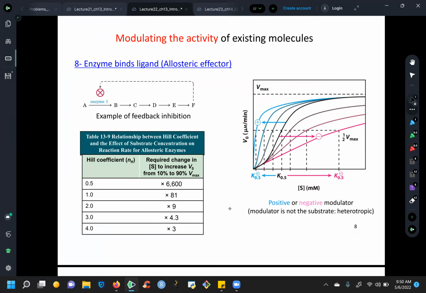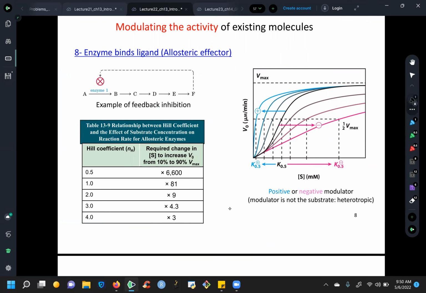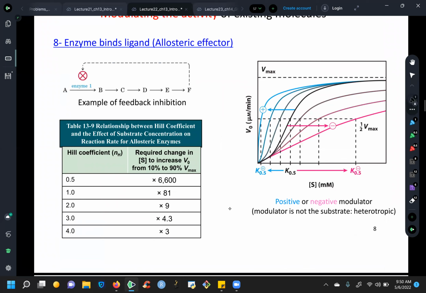Modulating the activity of existing enzymes. 8. Enzyme binds the ligand. Positive or negative modulator. The modulator is not the substrate. Heterotropic. Okay, so where are we? Vmax, an example of feedback inhibition, enzyme 1.